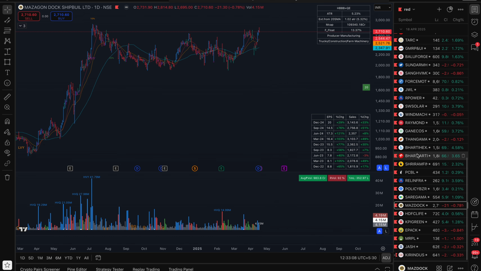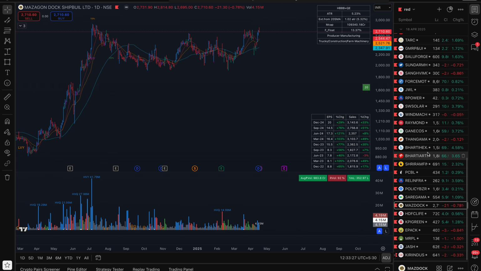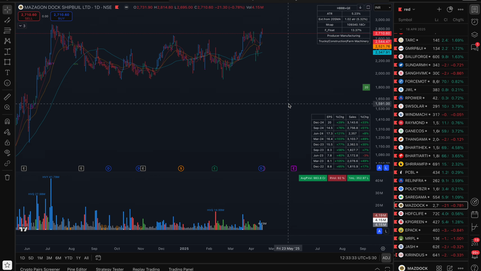So it clearly tells you which one is the leader. It's right now Mazagon Dock. It's not that Cochin Shipyard will not catch up and at some point of time might not do well. It depends because everything will change. Fundamentals, price action, demand supply is changing, but for now, Mazagon is the leader as compared to these two.